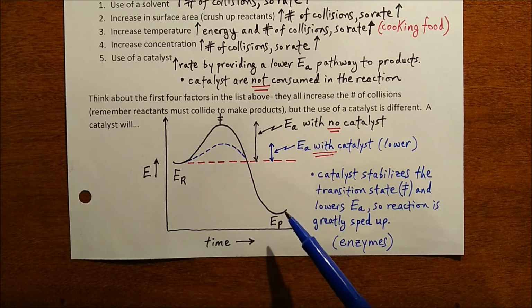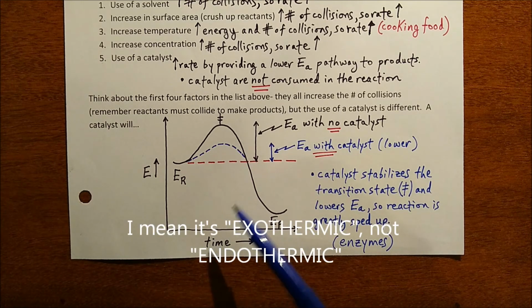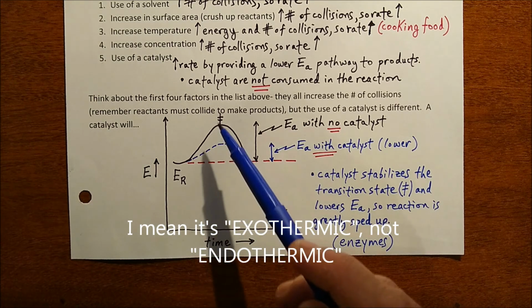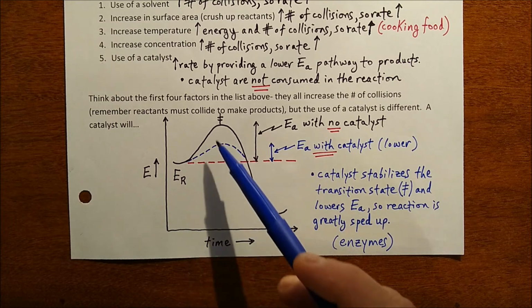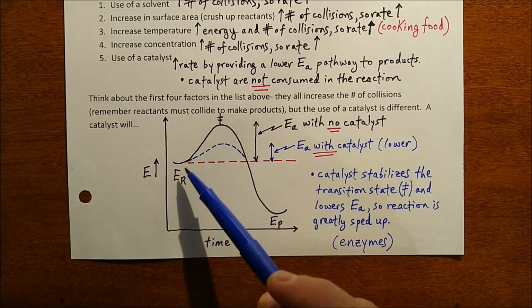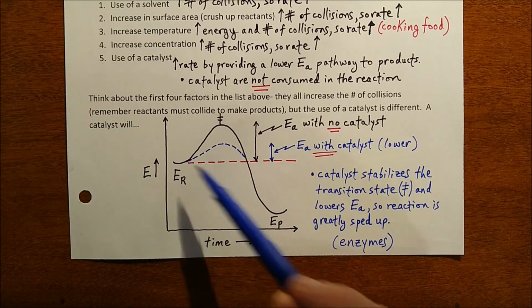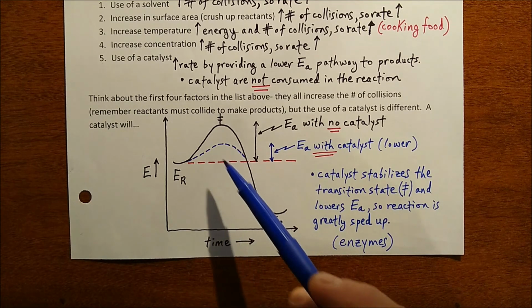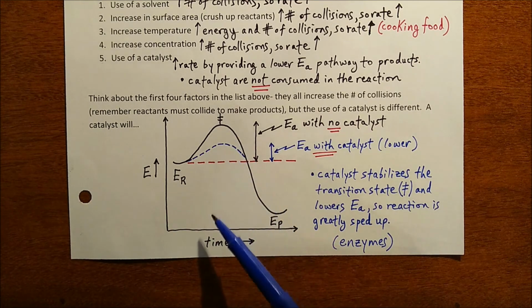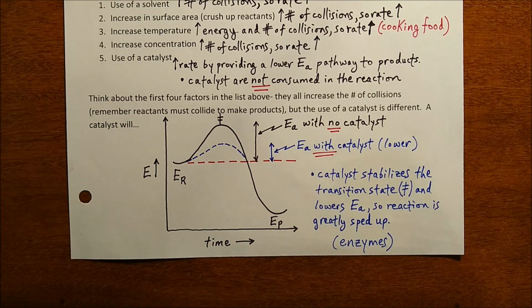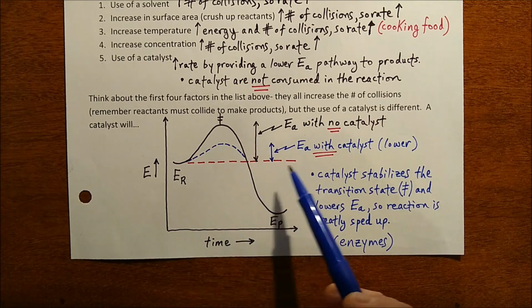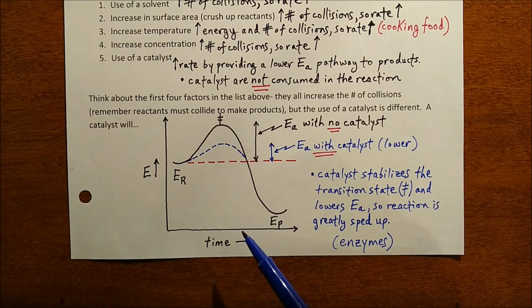So this, again, was a spontaneous reaction, or exothermic, you can think of it. This little cross symbol up here is the transition state. So that is a form of it's halfway between reactants and products. But that energy is lowered when you use a catalyst. We're not going to get into specifically how that happens, but just appreciate that it does happen when a catalyst is present.